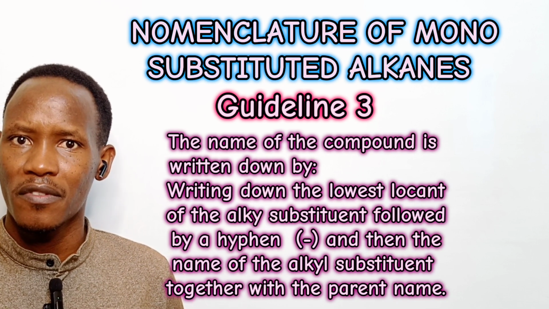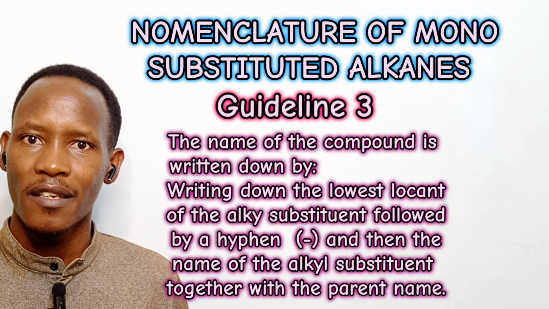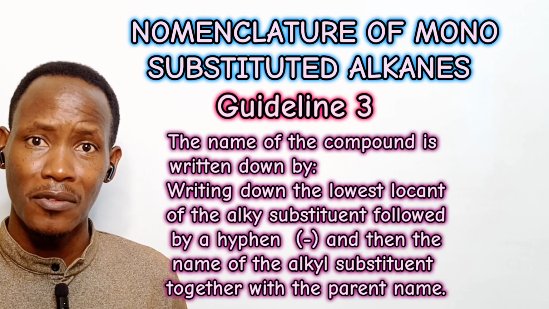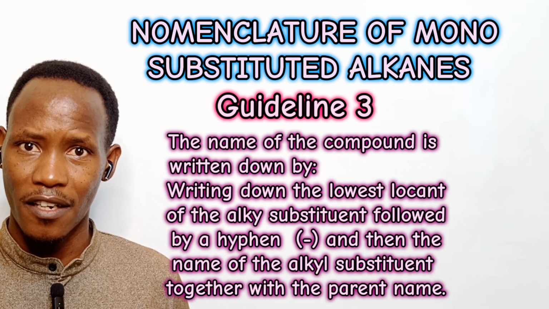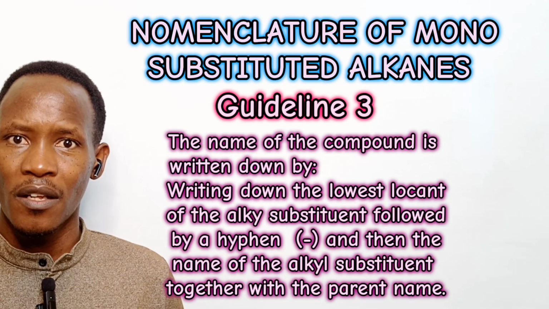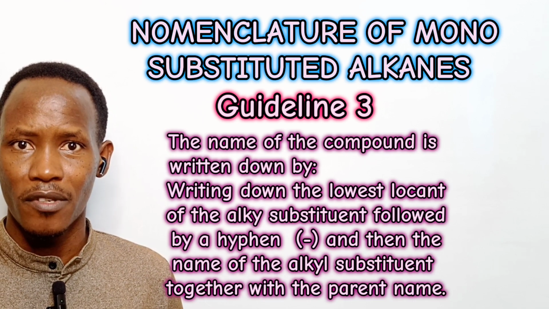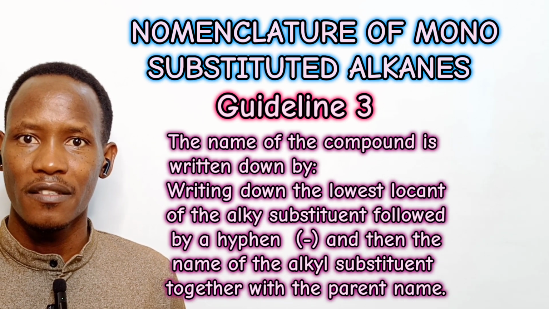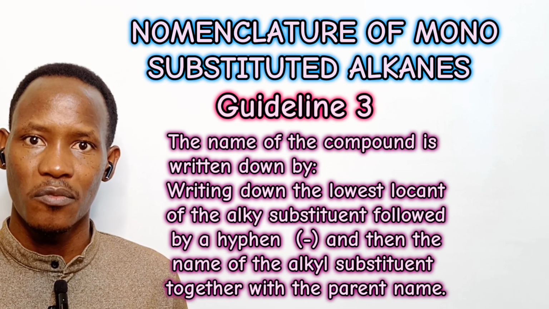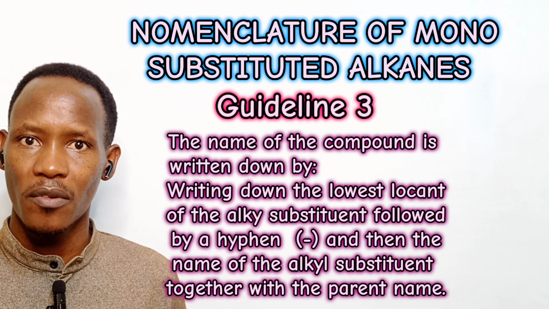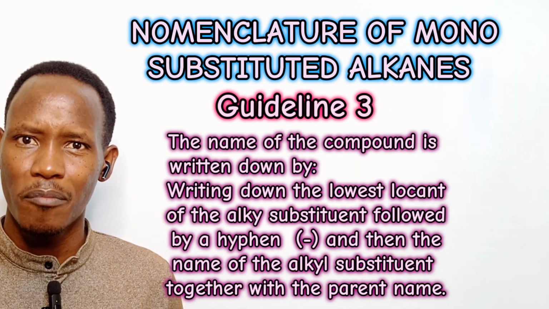That number is 2, followed by the punctuation mark known as a hyphen, followed by the name of the alkyl substituent. Since we have already learned how to name alkyl substituents, that substituent is methyl, so we write the word methyl, followed by the parent name.